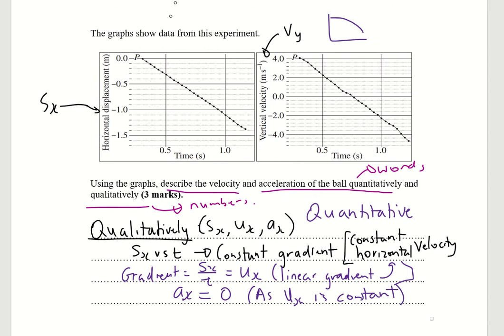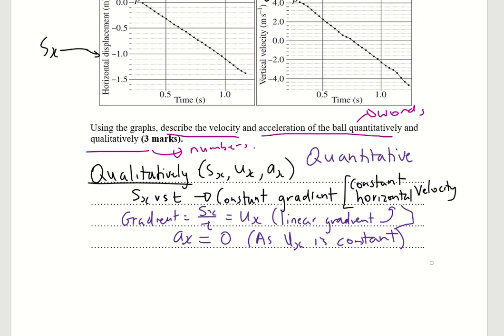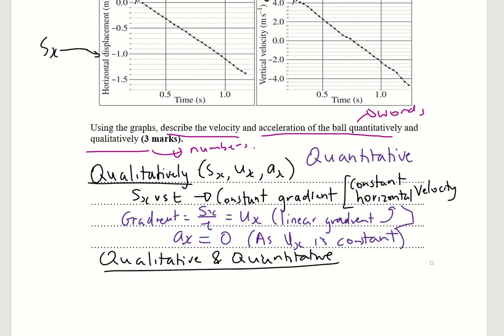Okay, next one we have is the vertical velocity. As you can see with the vertical velocity, it is again a decreasing linear sort of function. I'll write it out here, qualitative and quantitative, and this one would be for Uy and Ay.